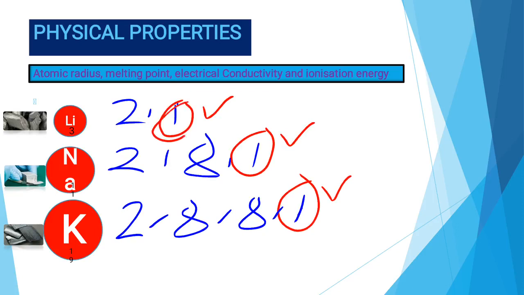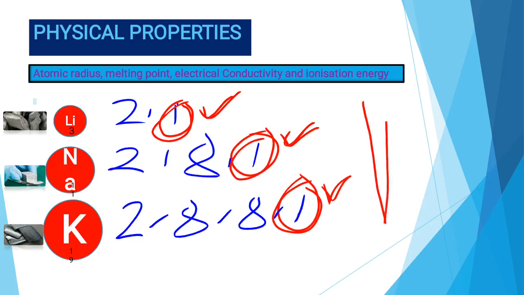For that reason, it is easier for potassium to lose an electron as compared to sodium, and in the same way it is easier for sodium to lose an electron than lithium. By that, we can conclude that the ionization energy decreases as we move down the group.